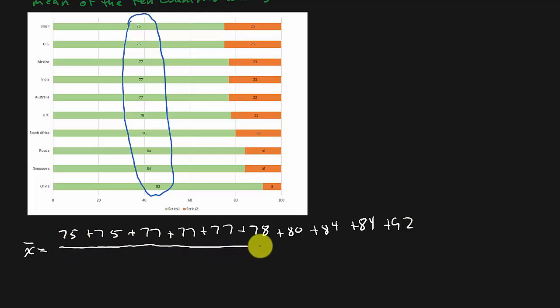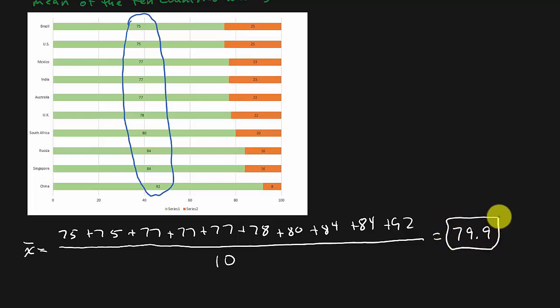And that is divided by however many numbers there are. There's 1, 2, 3, 4, 5, 6, 7, 8, 9, 10, so that's divided by 10. When you put this into your calculator, add the numerator up, hit equal, then divide by 10, and that gives you 79.9.